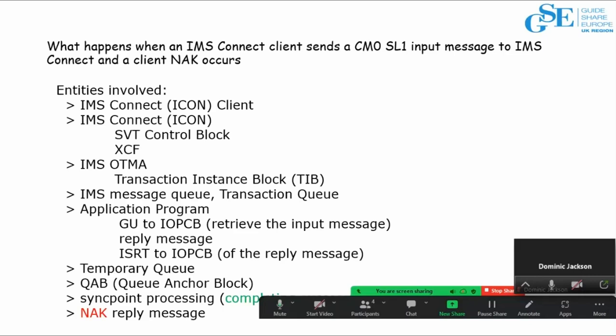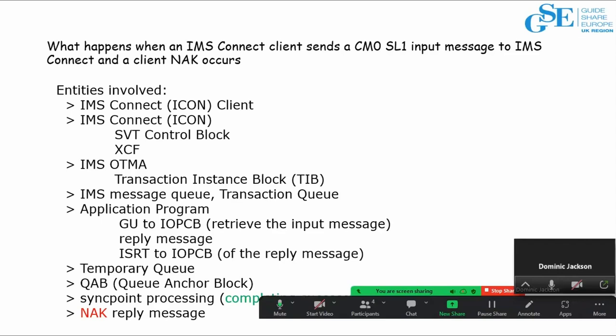So in short, we have talked about what happens when an IMS Connect client sends a CM0 SL1 input message to IMS Connect, and first branch, the IMS Connect client sends out a positive acknowledgement or an ACK message back to OTMA, and the second branch, the IMS Connect client sends out a negative acknowledgement or a NAK message to OTMA. So to conclude, IMS Connect sends the output reply message to the IMS Connect client, and it waits for the ACK or NAK message from the IMS Connect client.